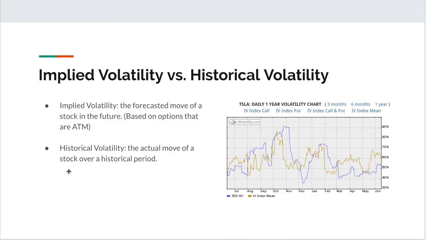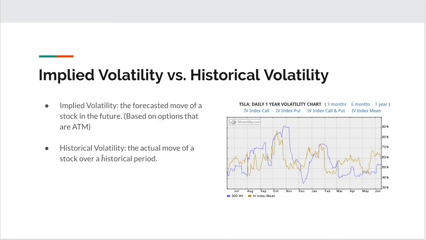Remember, at the money means that they're very close, or they are right at the point in which the strike price and the actual stock price are meeting. So if we take options that are at the money and we take the implied volatility from within those options, it will give us the forecasted move of a stock in the future between 2 percentage points. So we'll go ahead and explain that in an example in just a little bit, but that's just the basic definition and where it's derived from.